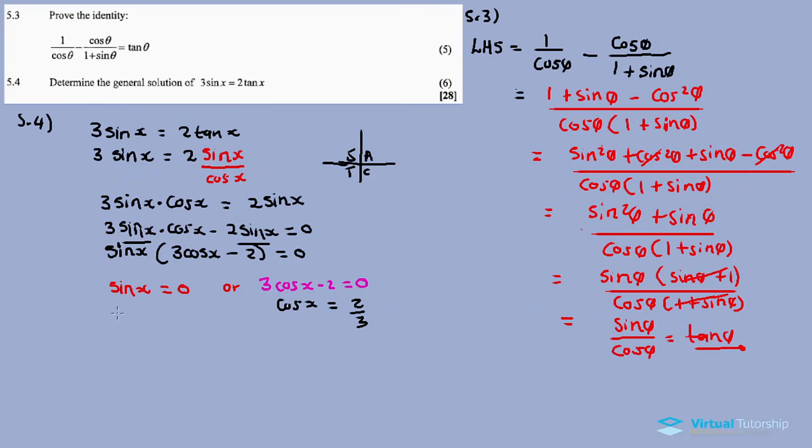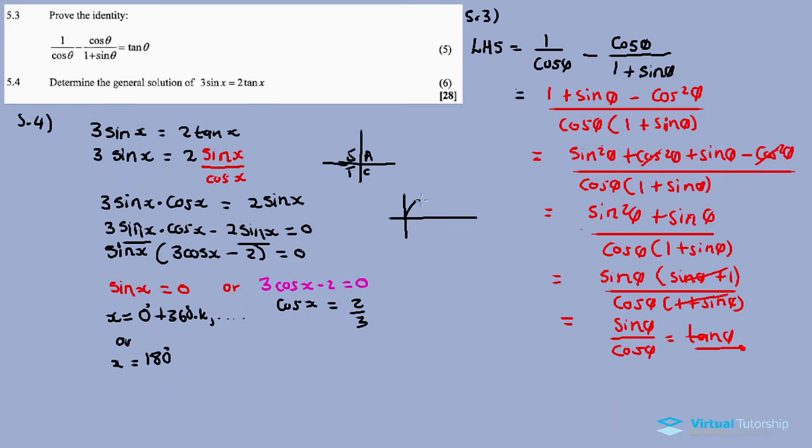So our general solutions will be x equal to 0 degrees plus 360 degrees times k, where k is an element of integers, or x equal to, so our second reference angle is 180 degrees. That's where sine is 0. So the sine graph is something like this.